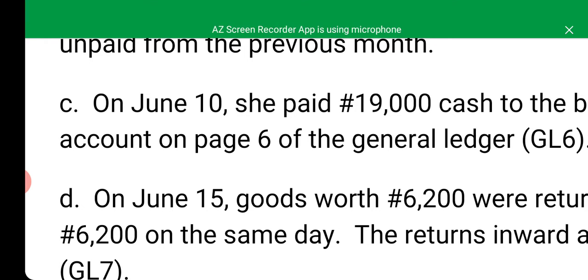So meaning that we will have the debit entry of this one in the cash book. Don't forget the principle of double entry, which says for every debit entry there must be a corresponding credit entry. That's why we have this 19,000 recorded in the credit side of our ledger.